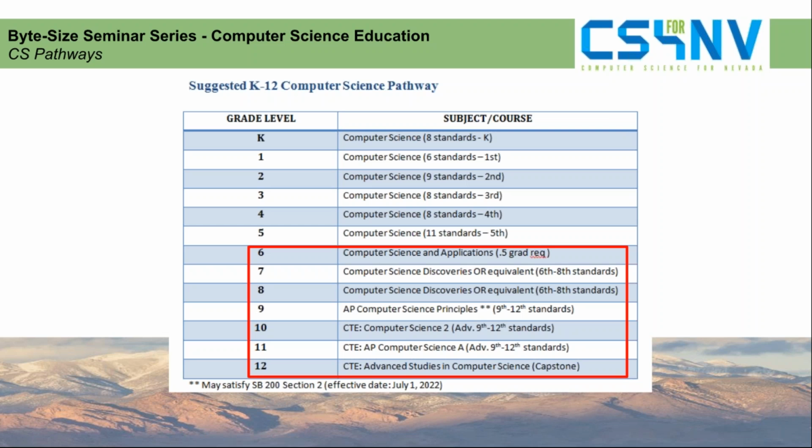Discoveries will cover it, but if you're going to build out your own course, then how would you infuse those standards and make sure that they're covered in that course? And then again, if you're going to hit most of your 9-12 standards in the principles course, the higher advanced ones will be in the CTE course, okay?